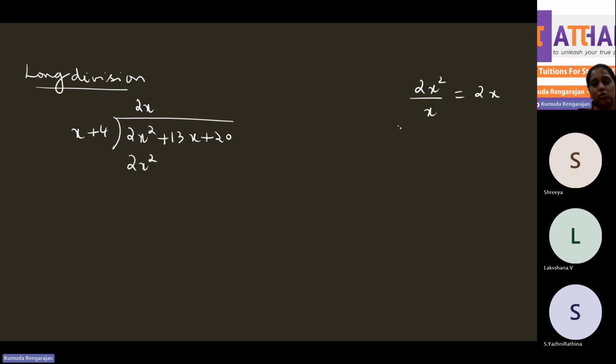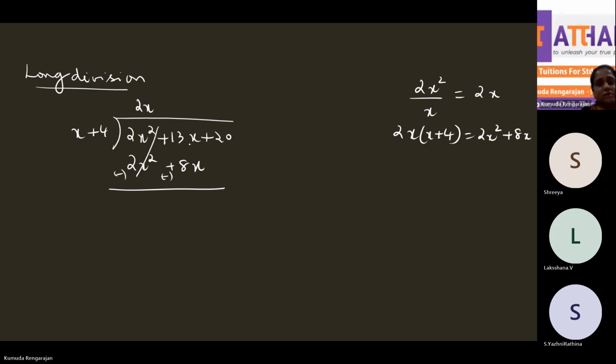You need to multiply now 2x with x plus 4. 2x into x is 2x squared and 2x into 4 is plus 8x. Change the signs. 2x squared cancels. 13x minus 8x is 5x plus 20. Correct?